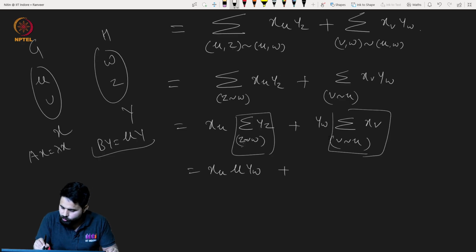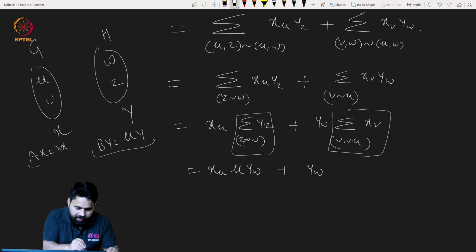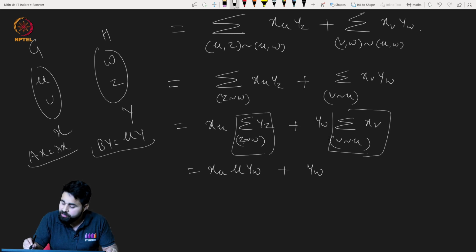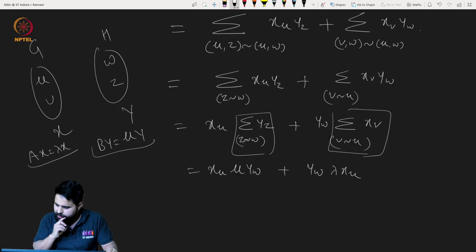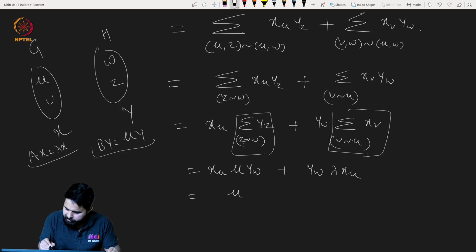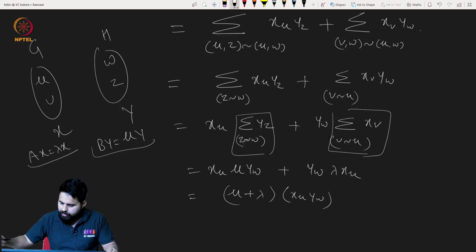Similarly, this quantity will be what? yw times this quantity; similarly, if you see here, all the neighbors of u, so this will be lambda xu. Very good. Now it is very easy to write. Now you can write this as mu xu yw plus lambda xu yw.